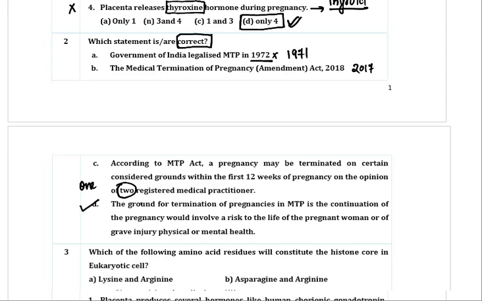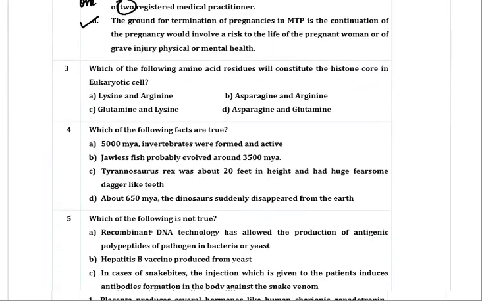What should be the ground for termination of pregnancy? There should be something highly risky for the pregnant woman, as well as grave injury, physical or mental, to the pregnant woman or to the young one. So the correct answer again here is D. Now question number 3.